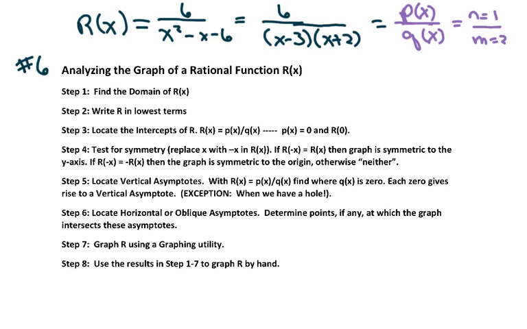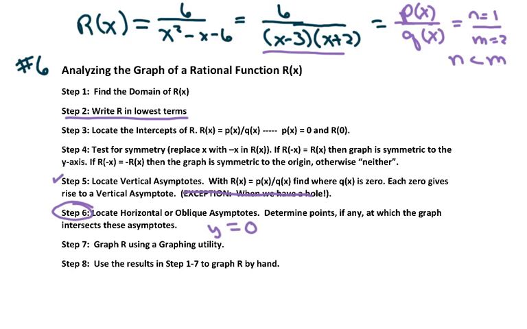Since my degree in the numerator is smaller than my degree in the denominator, I have a horizontal asymptote at y equals 0. This is already in lowest terms, so for step 5, we're not going to have a hole.